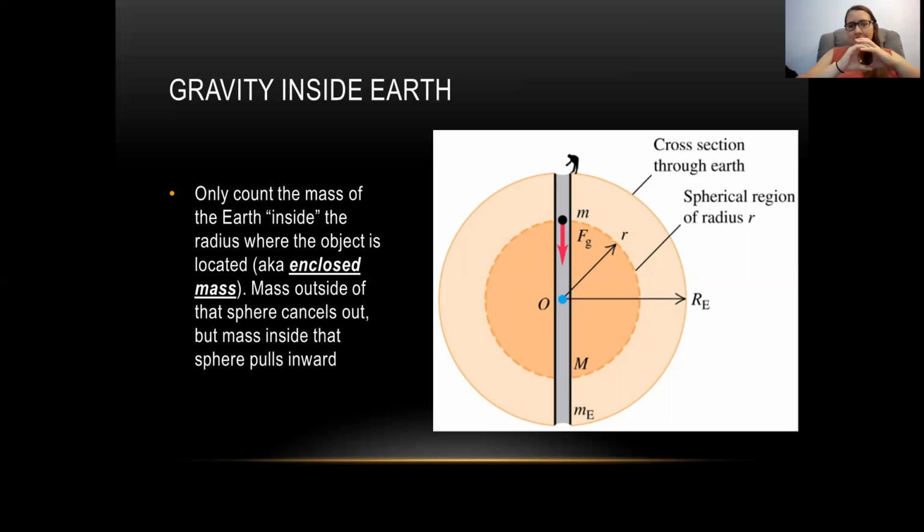So there's mass inside this enclosed circle, there's mass outside of that imaginary sphere, and those two cancel each other out. The mass inside is pulling it inward, and the mass outside this circle is pulling it outward.